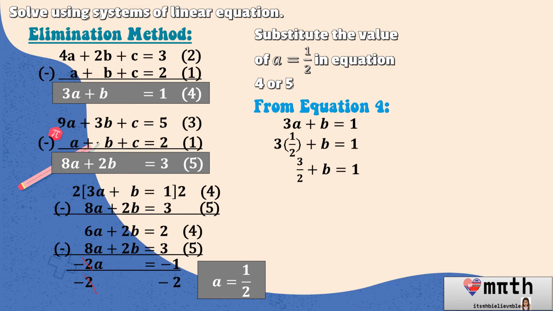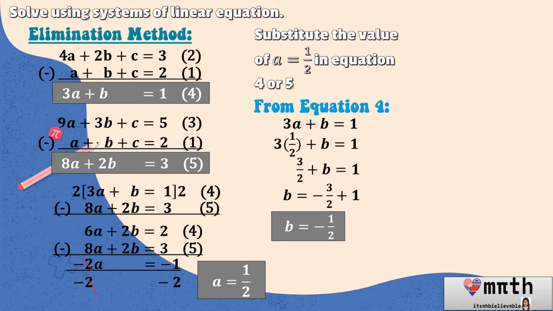In this case, we can isolate b so we can get its value. Transposing positive 3 over 2 to the other side, that will be 1 minus 3 over 2 or negative 3 over 2 plus 1. And simplifying that, the value of b will be equal to negative 1/2.